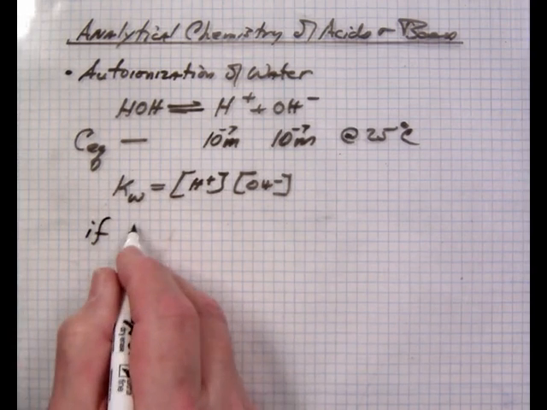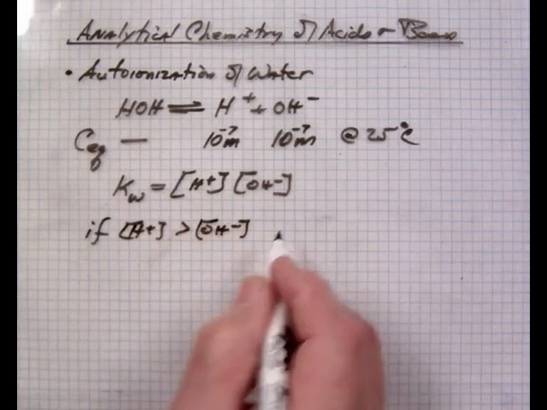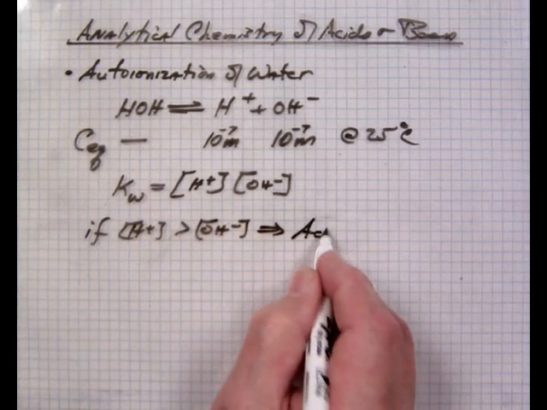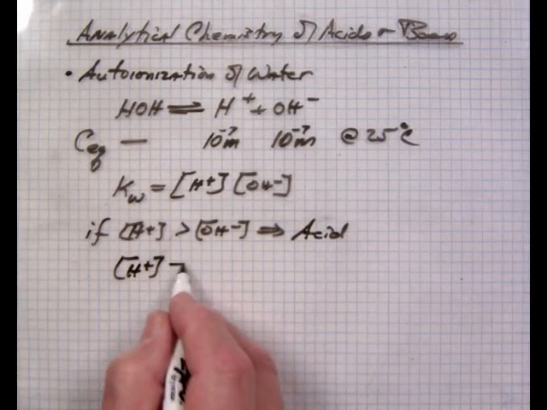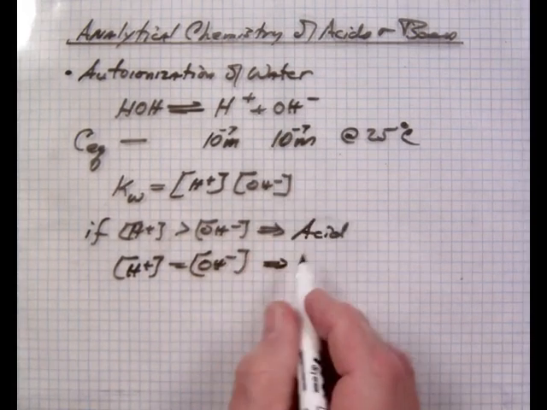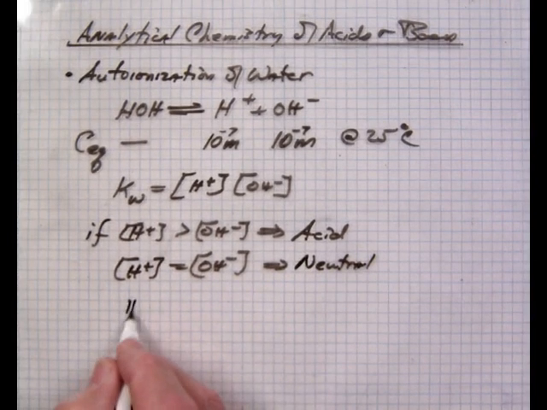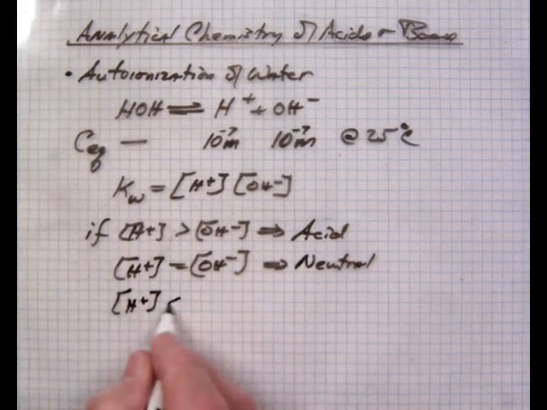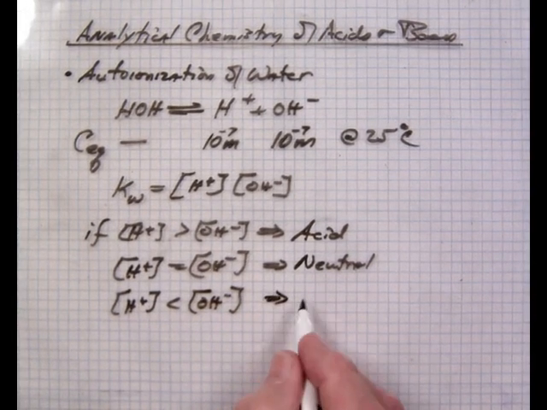If the hydronium ion concentration is greater than the hydroxide ion concentration, then of course it's an acid. If the hydronium ion concentration equals the hydroxide ion concentration, as in pure water, it is neutral. And of course, a base is when the hydroxide is in a larger concentration.